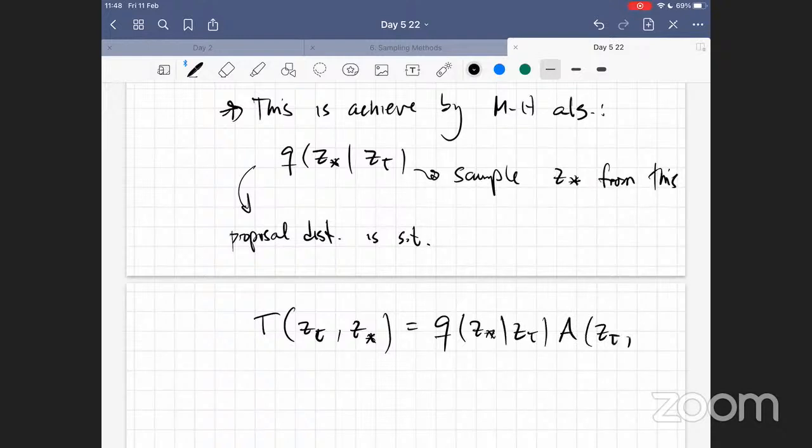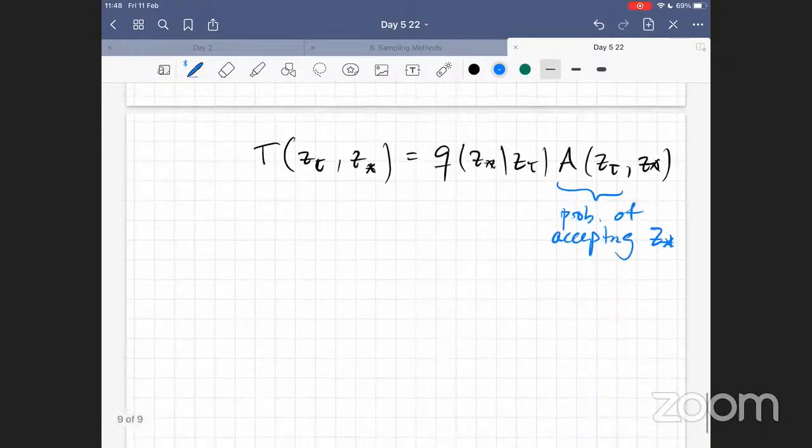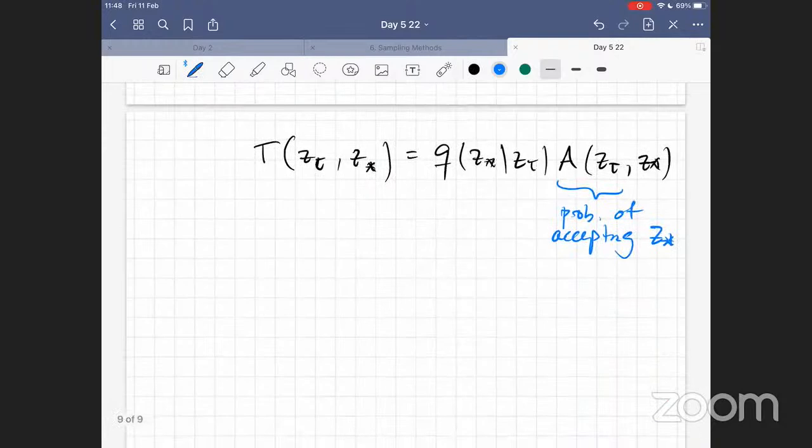The probability of accepting the new sample, let me denote it by this. This is the probability of accepting the new sample set star, where this probability is given by the following.